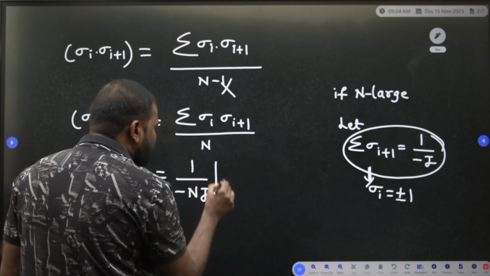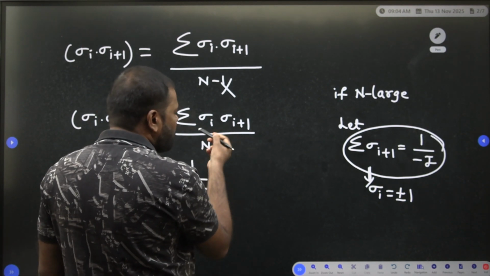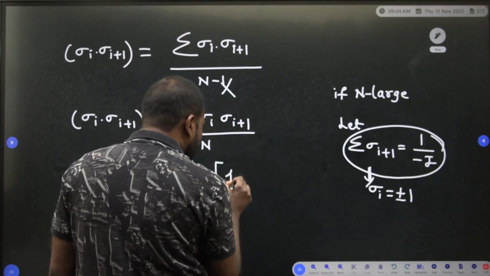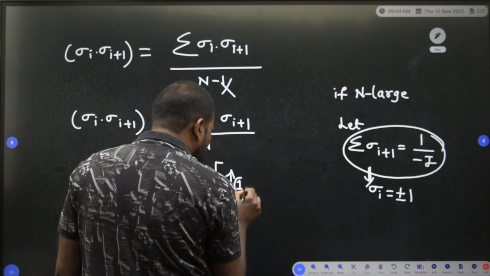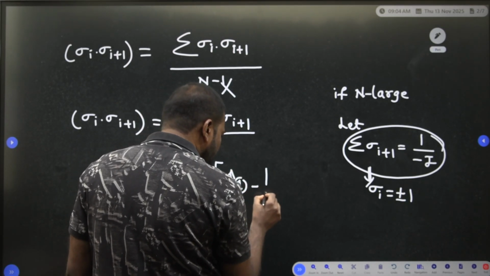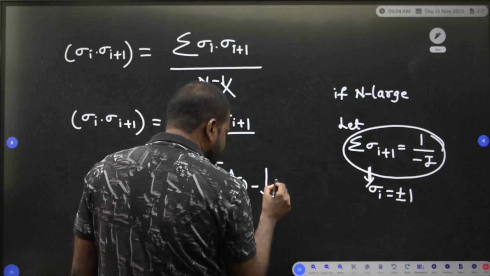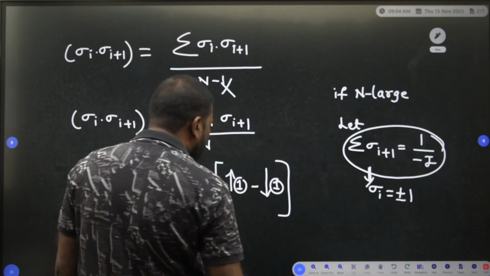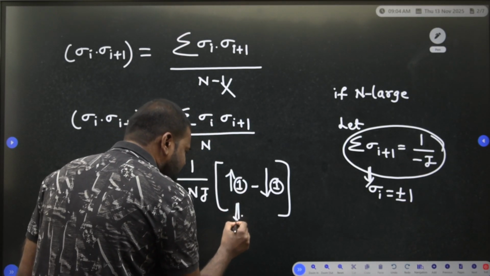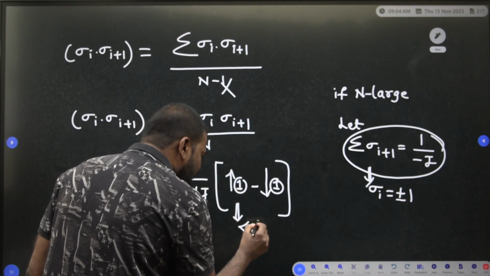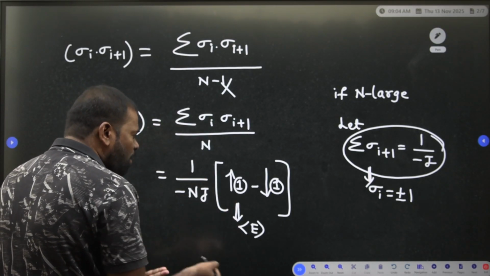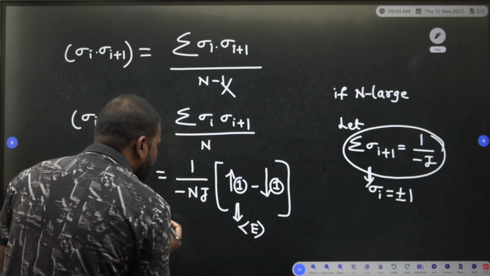The summation of sigma i is plus or minus 1: for one spin we take up, and for the second nearest spin we take down. This we write as the average energy, because according to our Hamiltonian, that is our average energy.